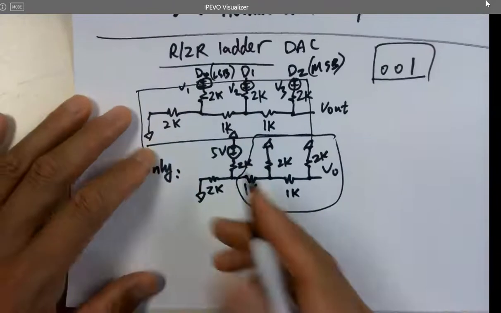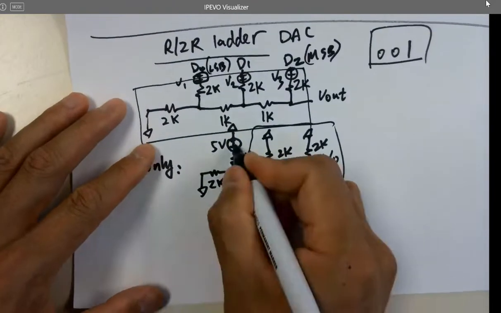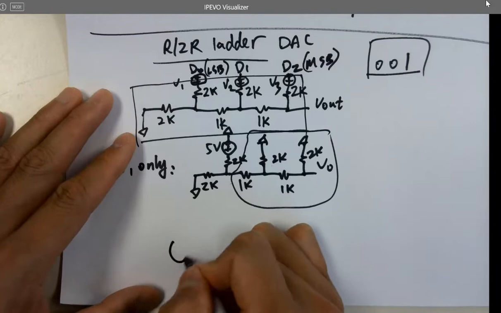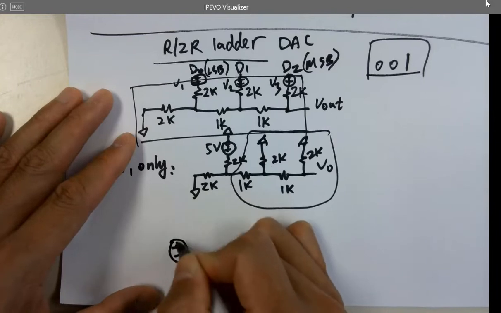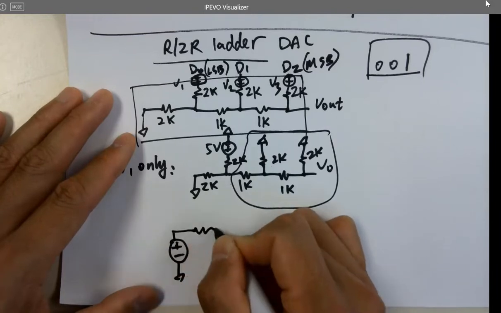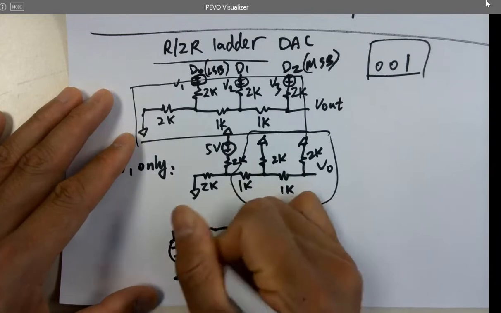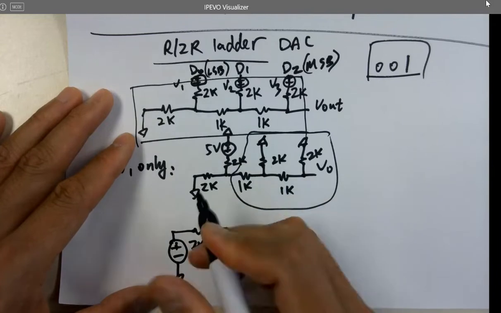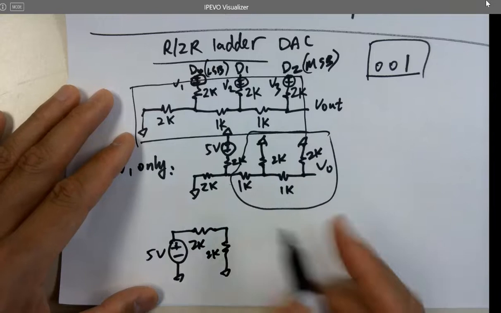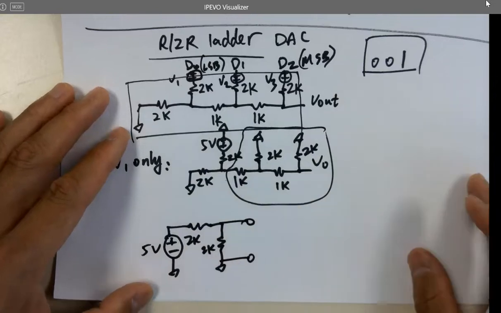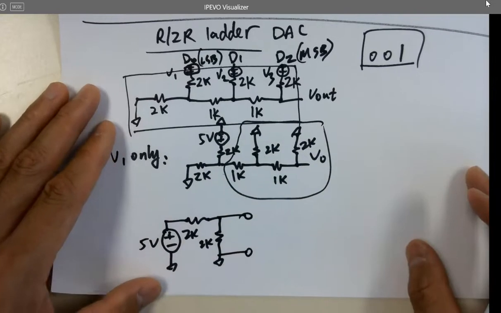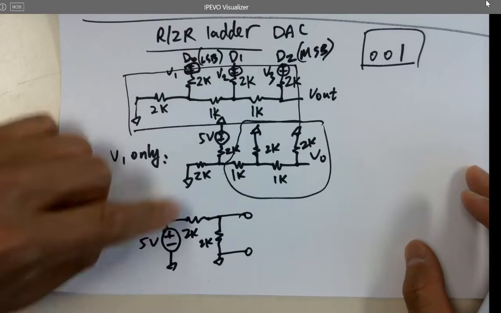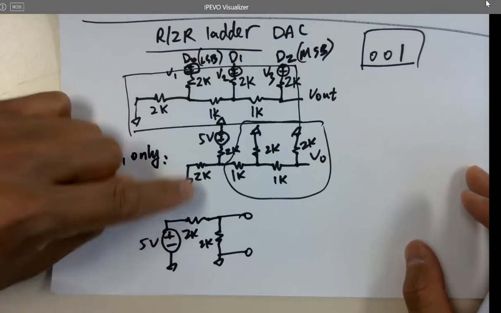And this circuit becomes, if we switch this one to the bottom, and this is the output network, right? 5 volts, 2K, 2K.